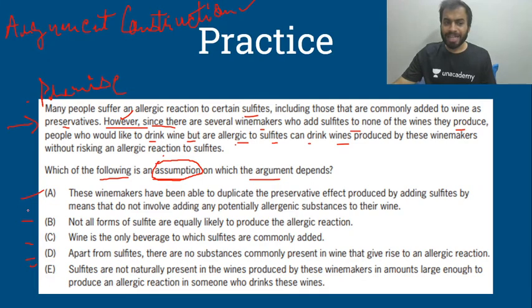Because if by negating an option you land at one which forces your conclusion to fall apart, then that is your assumption. Because if you have a premise and a conclusion, the bridge is the assumption. And if you're negating the assumption, then your conclusion has to get impacted directly, right? So if your conclusion is falling apart by negating one of the options, then that has to be your assumption, boss.